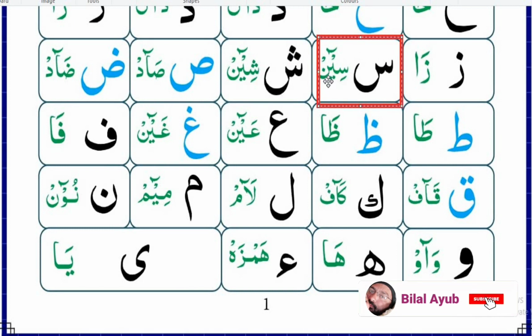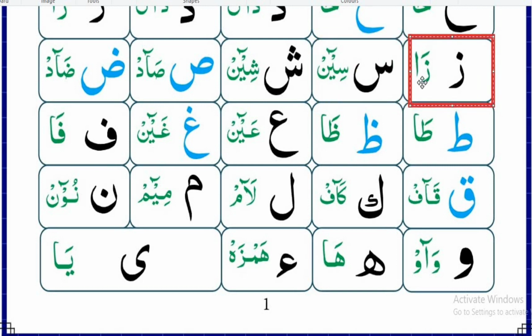That was seen. You pronounce this sound with kind of a whistle sound. There are three letters in the Arabic alphabet that are pronounced with this whistle-like sound, and those three are: the first is za, the other is seen, and the last one is swad.